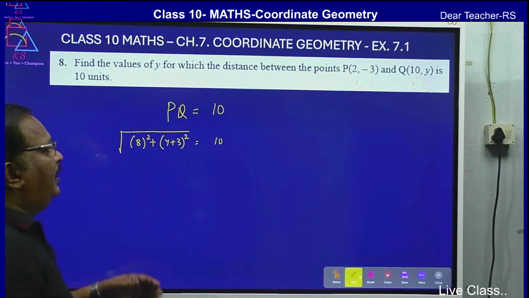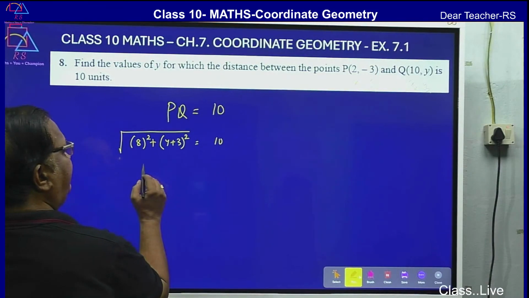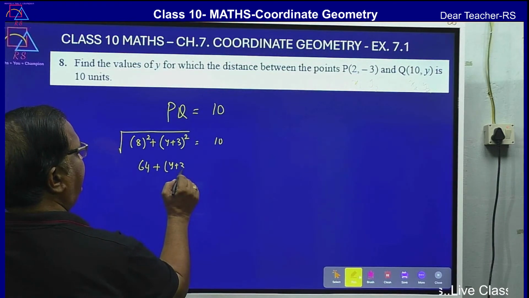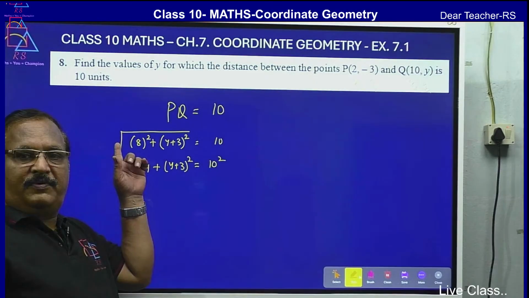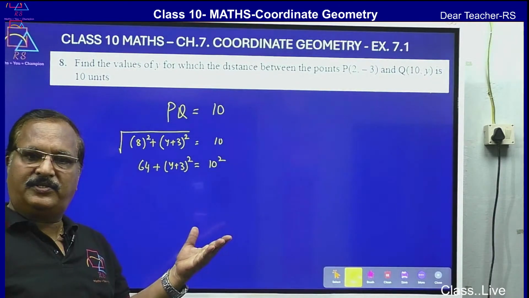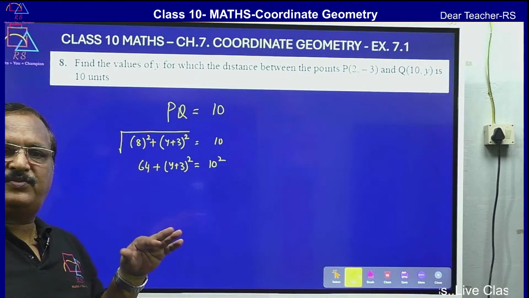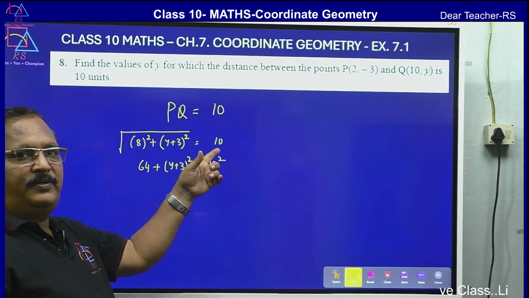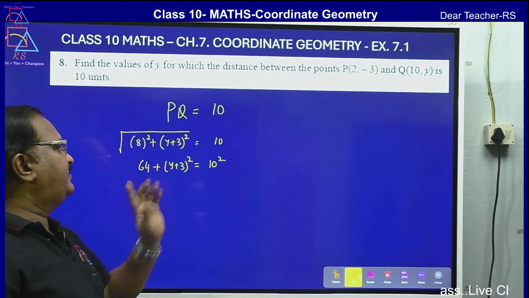I can remove the square root so that the other side will become a square. So y plus 3 whole square is equal to 10 square. To remove the square root, we square both sides. Here squaring removes the square root, and here 10 becomes 10 square.